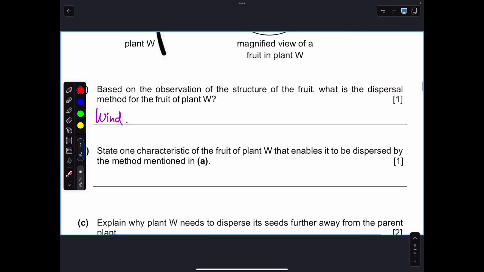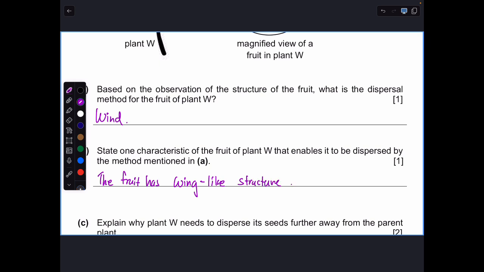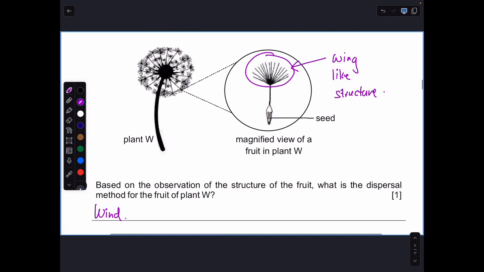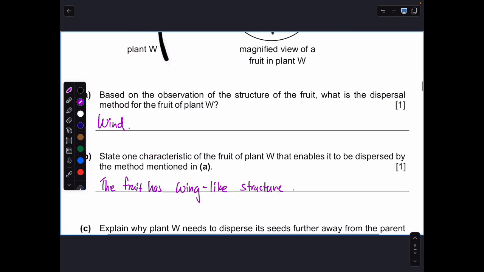So you need to say that it has feather or it has wing-like structure. Alright, that's it. And you need to state the obvious. Isn't this the obvious, that it has a wing-like structure?